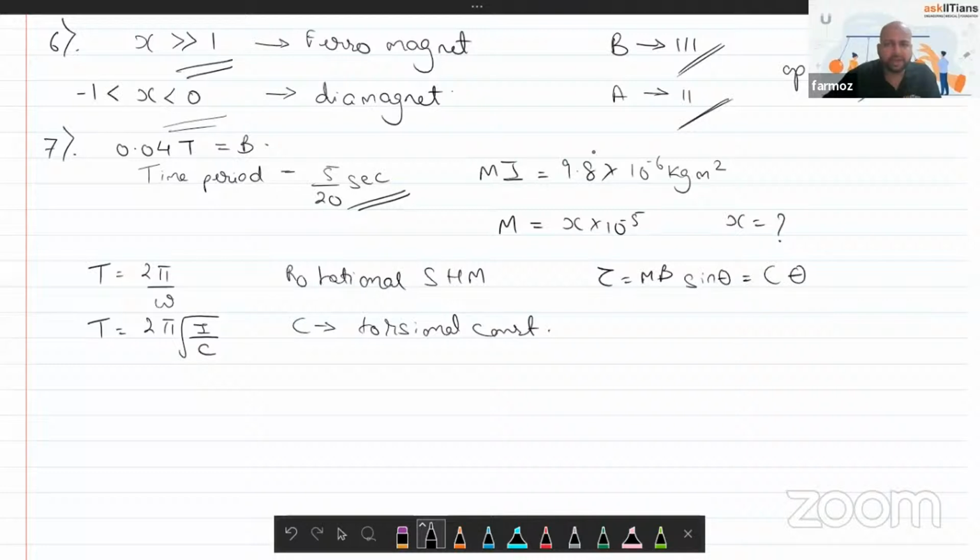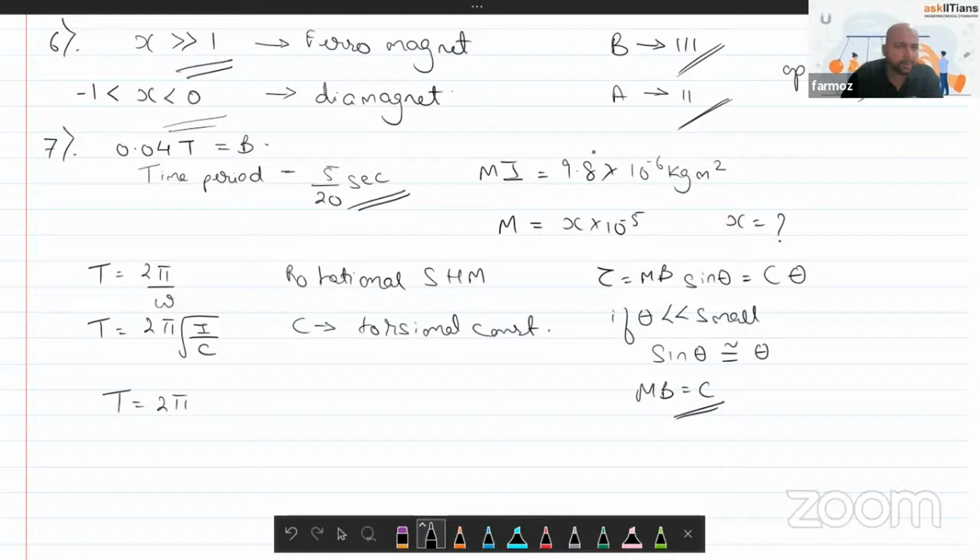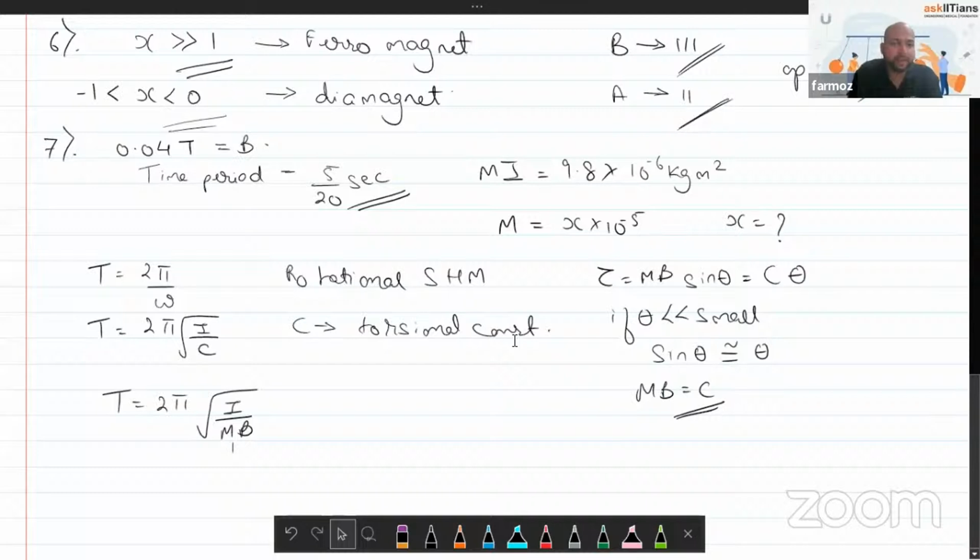And if theta is very small, then sine theta is approximately equal to theta, and mB is equal to c. Clear? So based on that, the time period can be given as 2 pi root of I upon mB. Clear? Now they have asked what is the value of m.